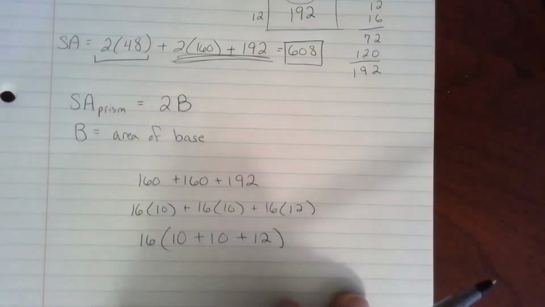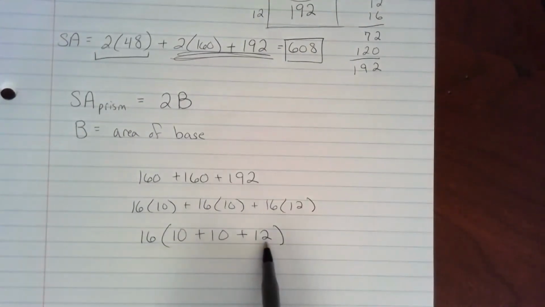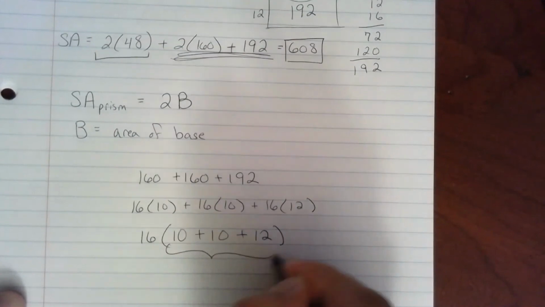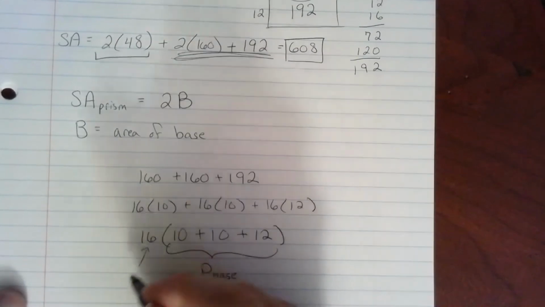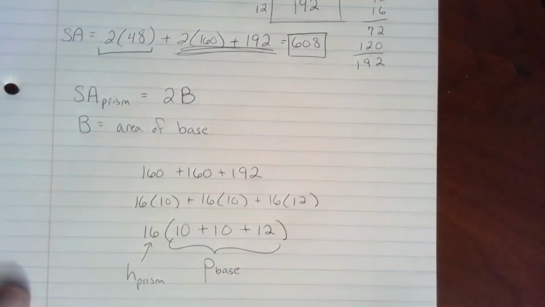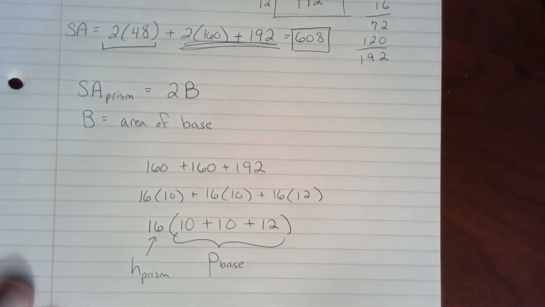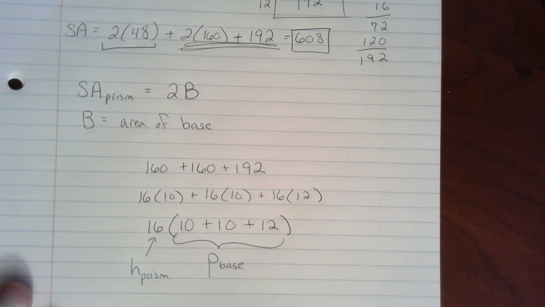What I actually did right here is multiply the perimeter of my base by the height of the prism. This will always happen with a prism.